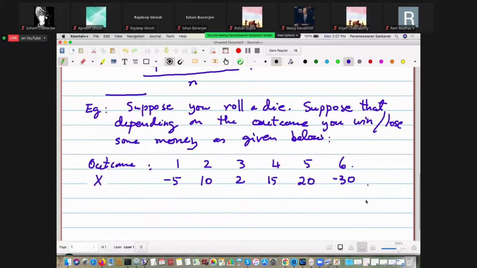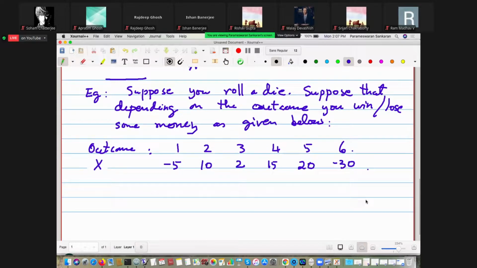Okay. And it is perfectly legitimate to ask, what do you expect if you play this game many times? Or what is the average expectation, whatever you say. So if you play this game, let's assume that the die is unbiased, it's a fair die. So each one of these has an equal chance of appearing, probability 1 by 6 for each.